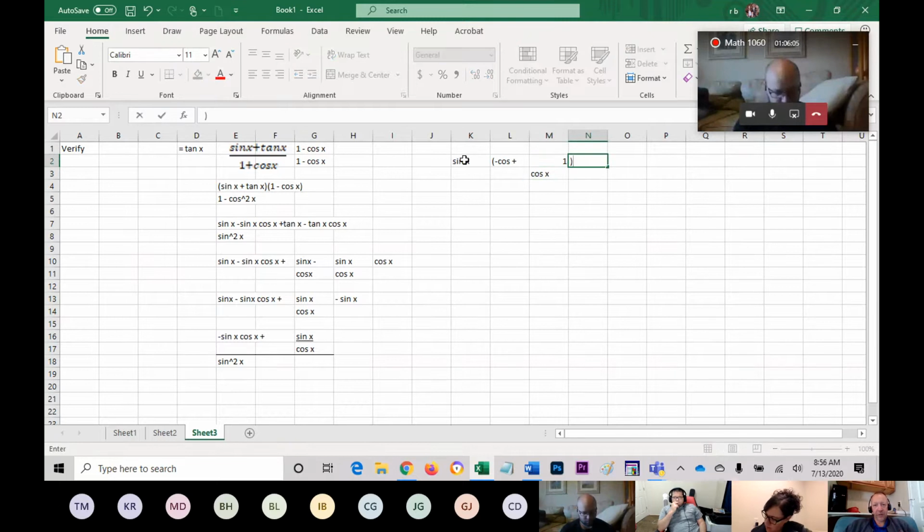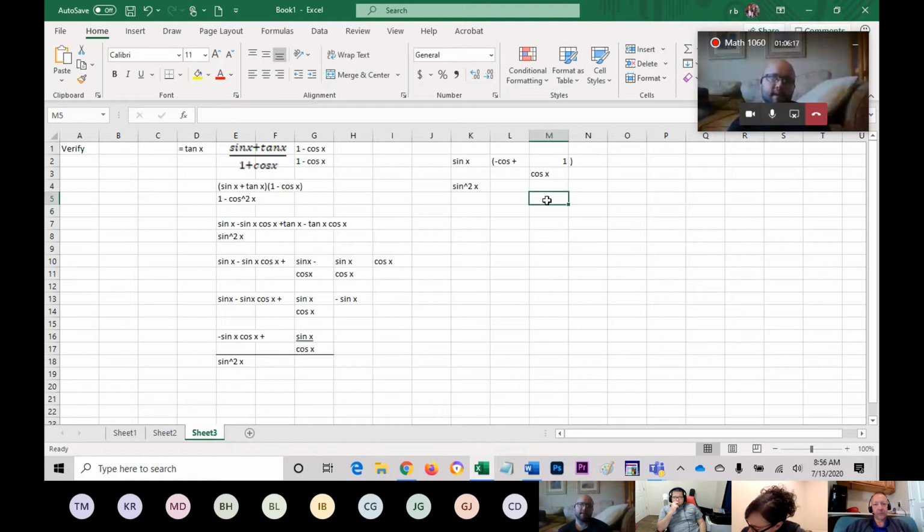And I'll close my parenthesis there on the top. And then I have the sine squared of x on the bottom, right? Or would that just be sine of x? Okay, so this sine and that sine will now cancel, right?